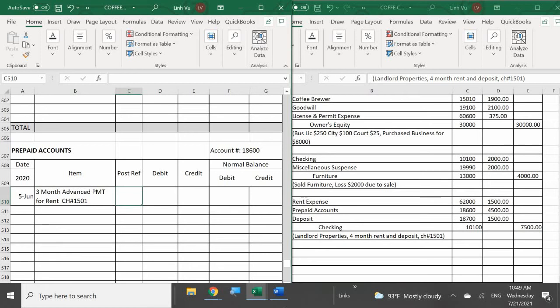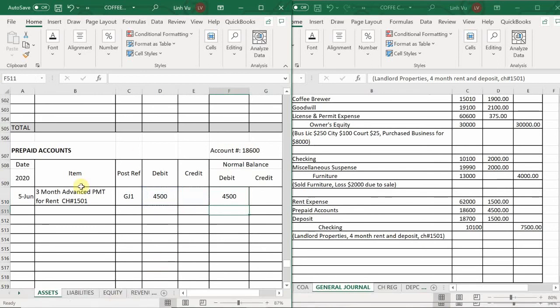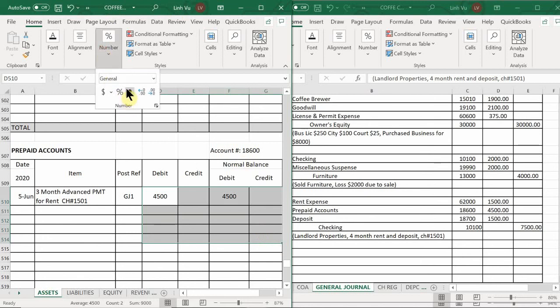So the more detailed you are, the better information you can get from this transaction. So once again, I have it like there. And because I made a prepaid advance payment for 3 months in advance, therefore, I should have my prepaid accounts reflect as 4,500 because I debited it on the debit side. Okay.